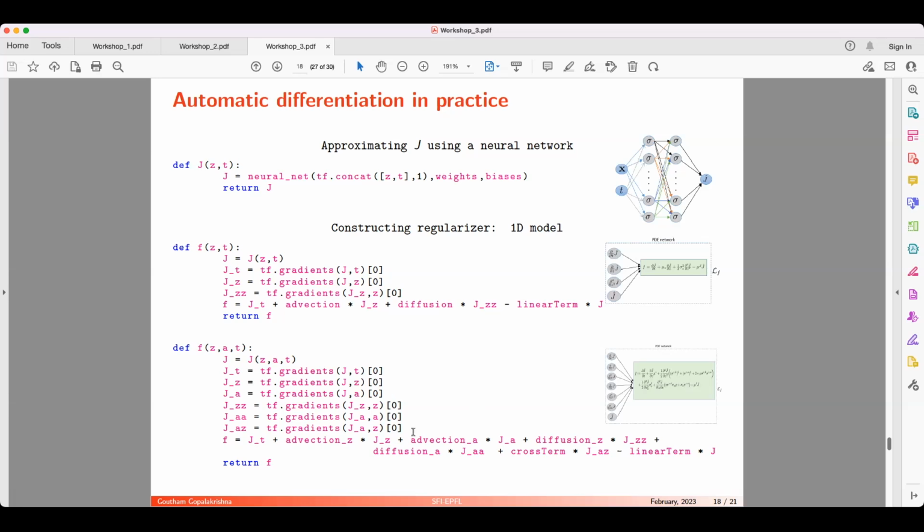Once you do that, you just compute the PDE loss, and you assume that the advection of z, advection of a, and so on, these advection and diffusion coefficients, are all computed using J old. And so this is your PDE loss in 2 dimensions. Now, when you have 100 dimensions, doing this is very inefficient, but you can always loop through. You can have an index and use that index to compute these derivatives, and finally the loss residual.